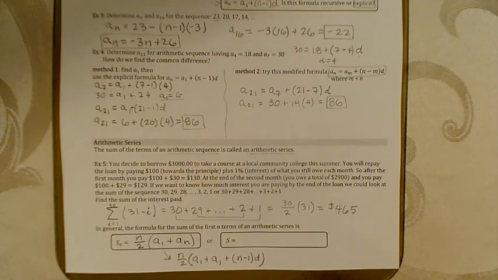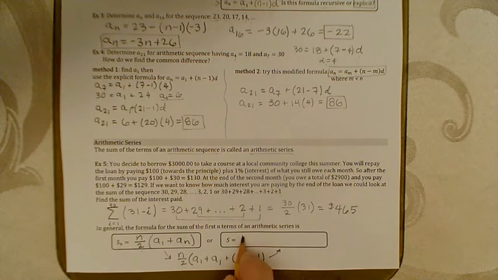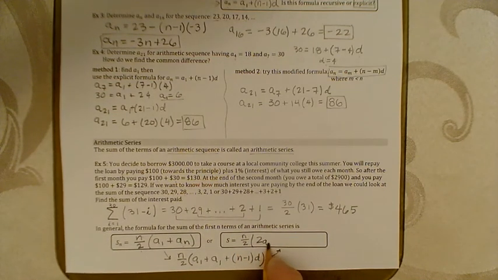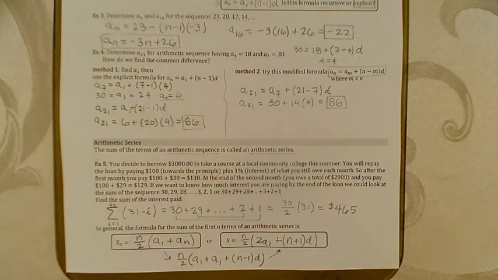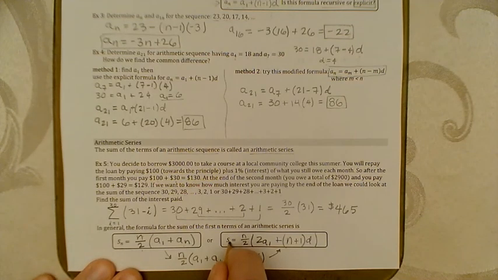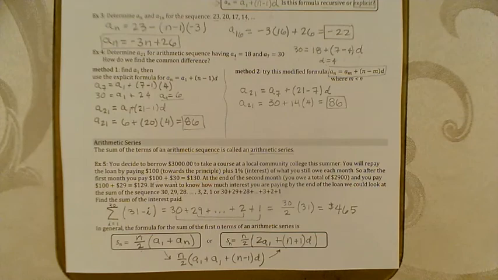And so simplifying that a little bit, as an alternative, we have n over 2, and then 2 a sub 1 plus n minus 1 times d. All right, so those are two formulas that you could use to add up the sum. This one really should have a subscript of n on it, the sum of the first n terms.